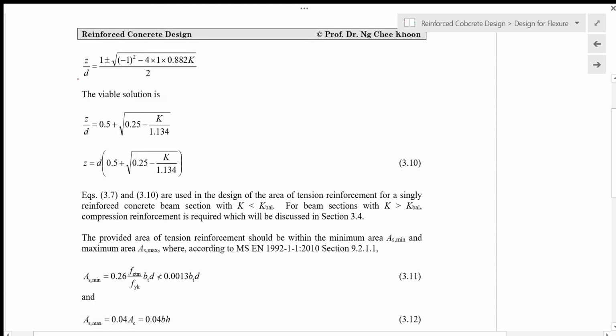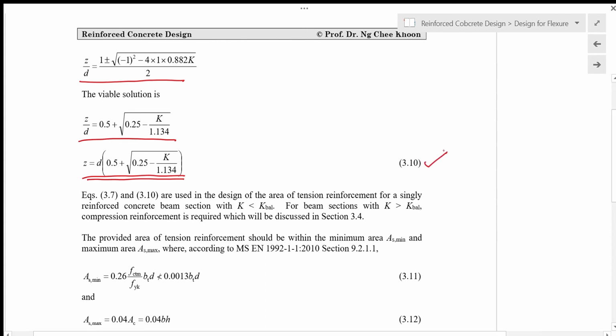Solving that quadratic equation, we get z over d equals 0.5 plus square root of 0.25 minus k over 1.134. And then we just take d to the right hand side of the equation. Then we get z equals d times in bracket 0.5 plus square root of 0.25 minus k over 1.134, close bracket.